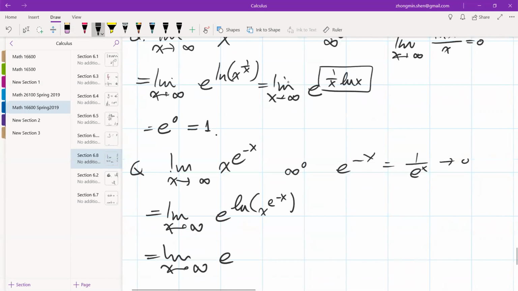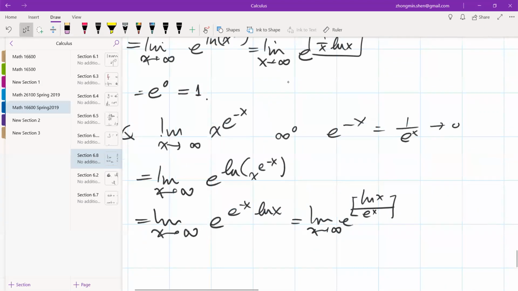So then that is going to be e to the negative x times natural log of x. Let's rewrite this as natural log of x over e to the x. In order to find the limit of this, you have to find the limit of the power function. I think it must be 0. The reason is the limit of natural log of x divided by x is already 0, and dividing by e to the x, the limit must be 0.